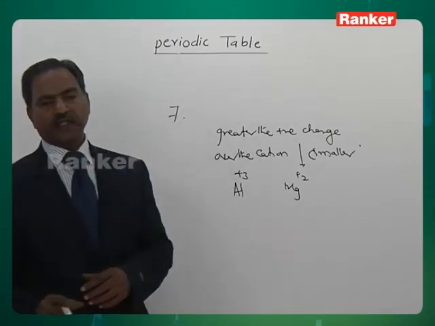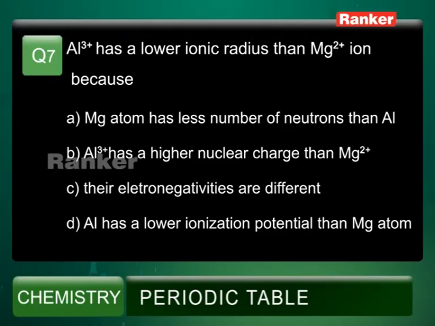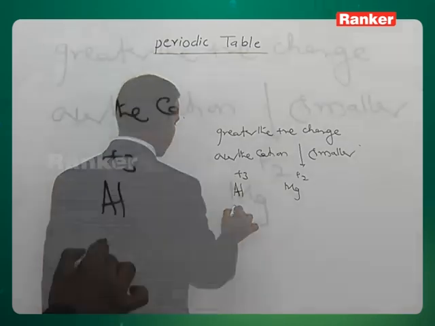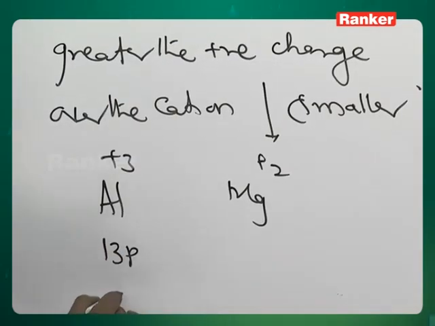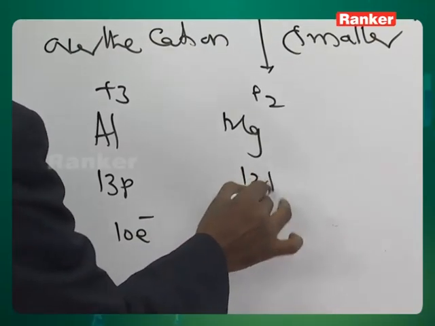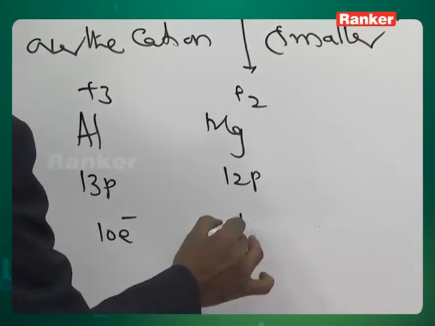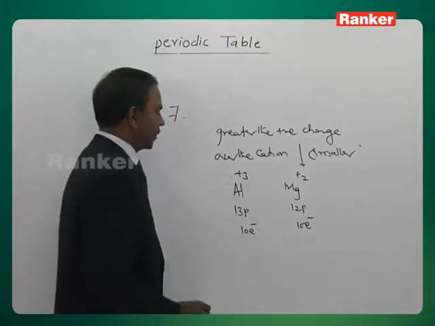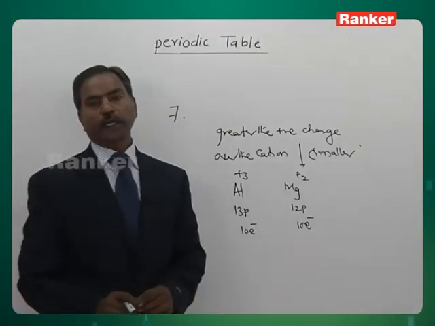Why? The reasons are given as what? Option B, you check it. Aluminum plus 3 has higher nuclear charge than magnesium plus 2. So this is carrying 13 protons, 10 electrons only. This is carrying 12 protons, 10 electrons only. So both are carrying the same number of electrons, we agree.